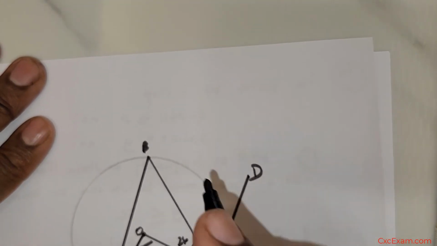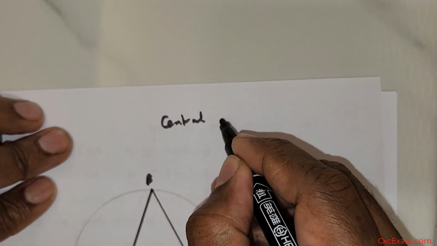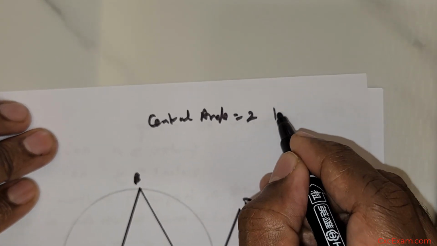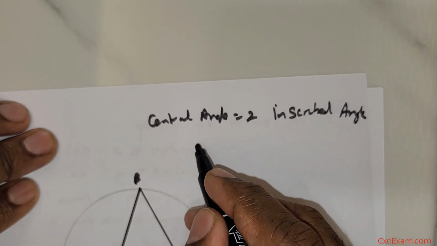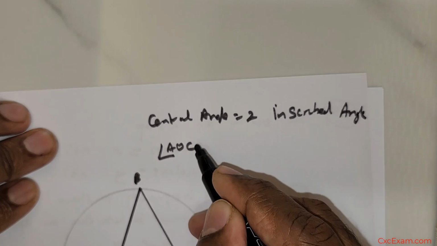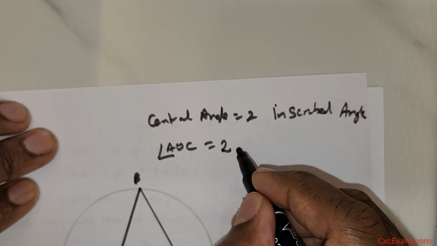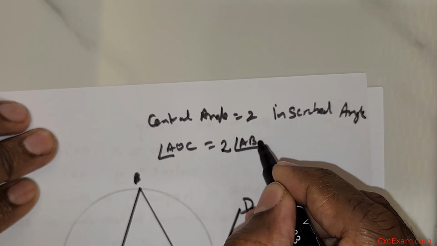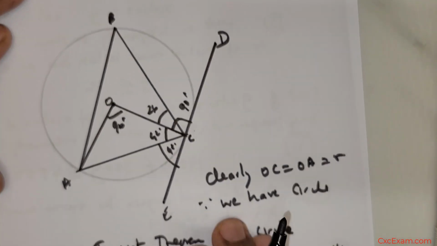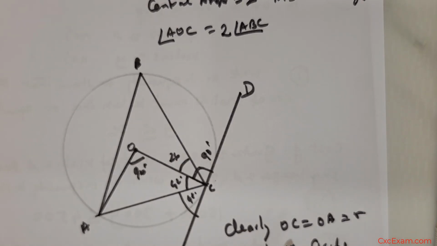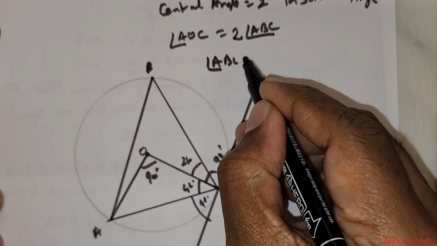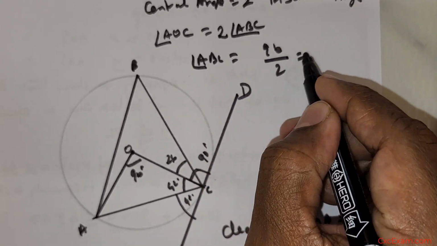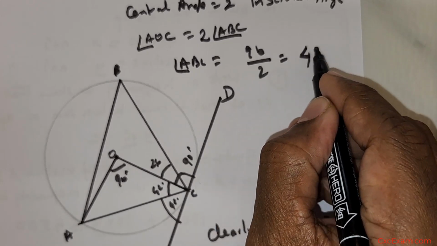Now let me write down here, central angle is equal to 2 times inscribed angle if it is subtended by the same arc. So that means angle AOC is equal to 2 times angle ABC. So we will have to evaluate that. Therefore ABC is equal to 96 divided by 2, which is going to be 48 degrees.